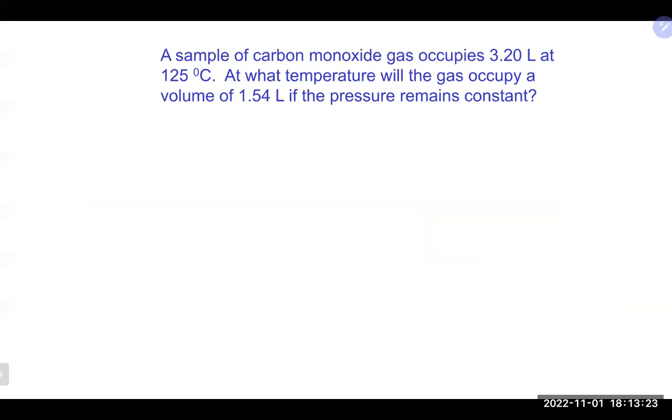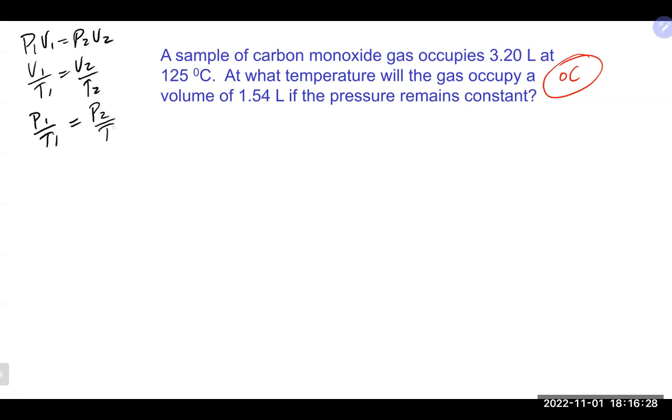All right, so let's try one here. A sample of carbon monoxide has oxygen. Okay, let's take a look. Once again, if we pull out the information, we have a volume of 3.2 liters and a temperature of 125 degrees Celsius.